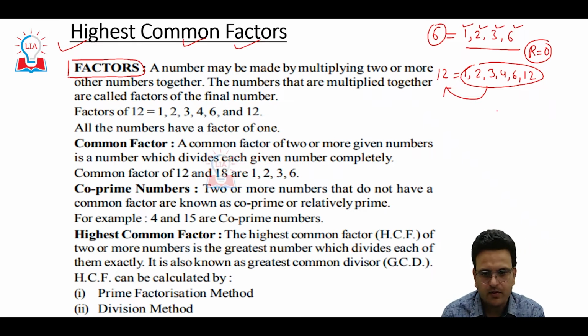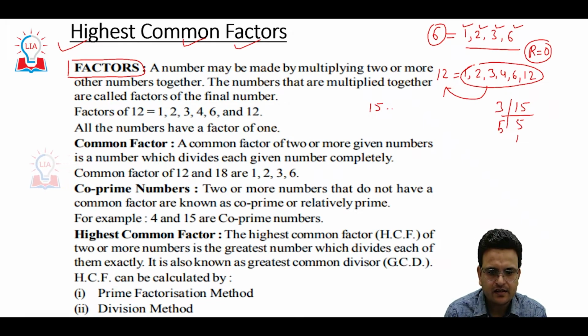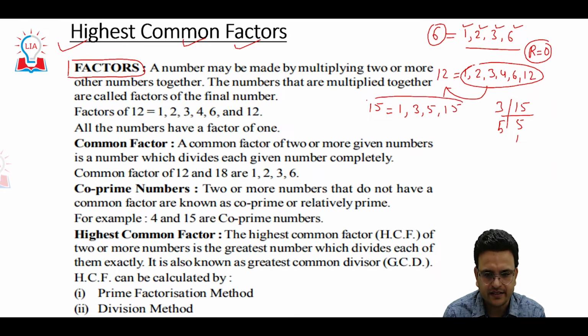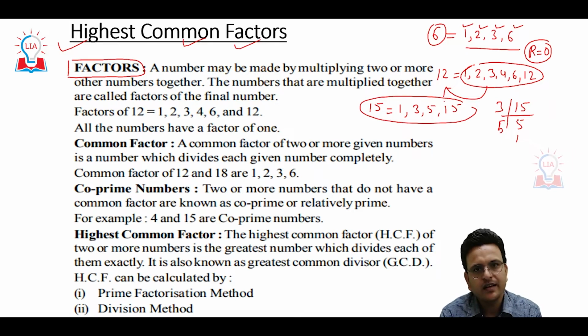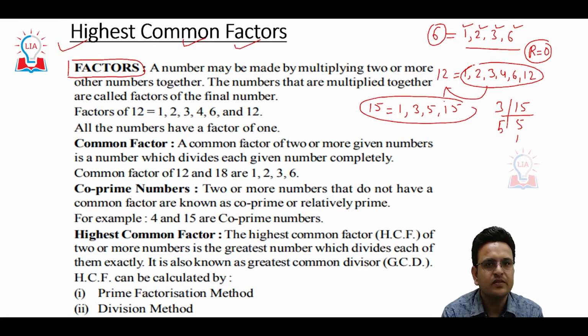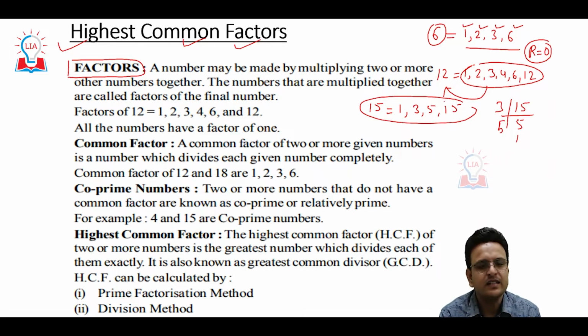One more example, 15. 15 can be divided by 3 and can be divided by 5 and 1. So 15 has factors like 1, 3, 5 and 15 itself. So here you are able to understand what factors are: the numbers which divide a given number without having any remainder.